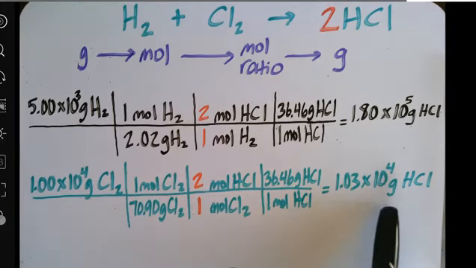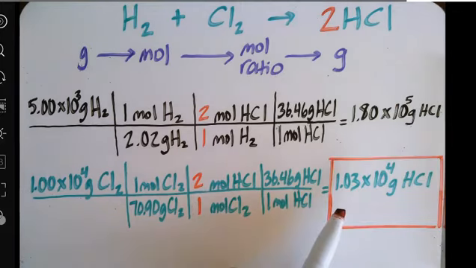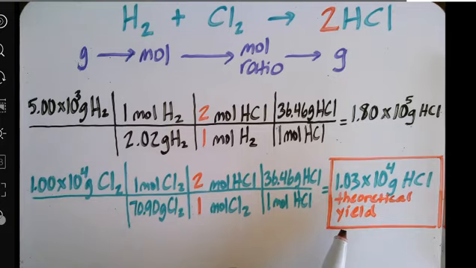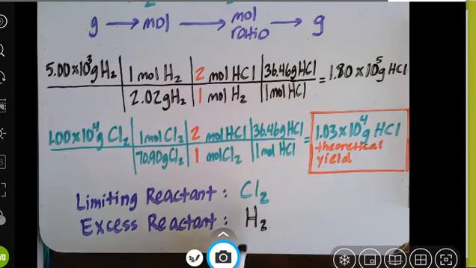Which value is smaller? You guessed it, this one. That makes this value our theoretical yield given these two reactants. You guessed it, hydrogen. Because we know that hydrogen is now our excess reactant, we also know that it will be left over at the end of the reaction.